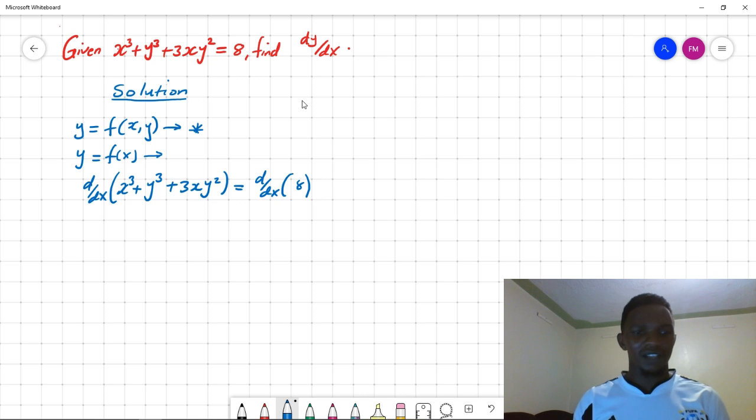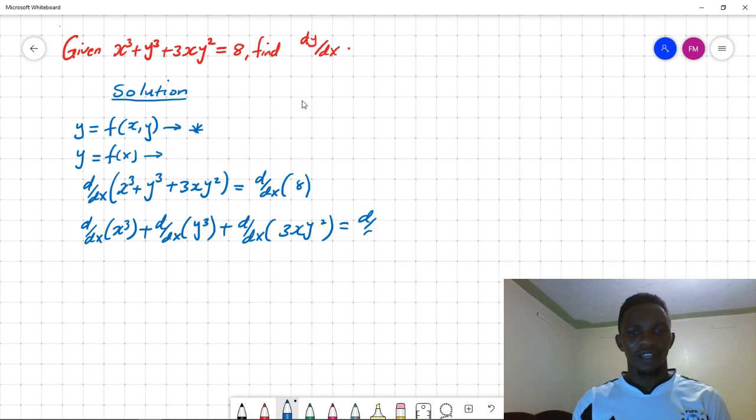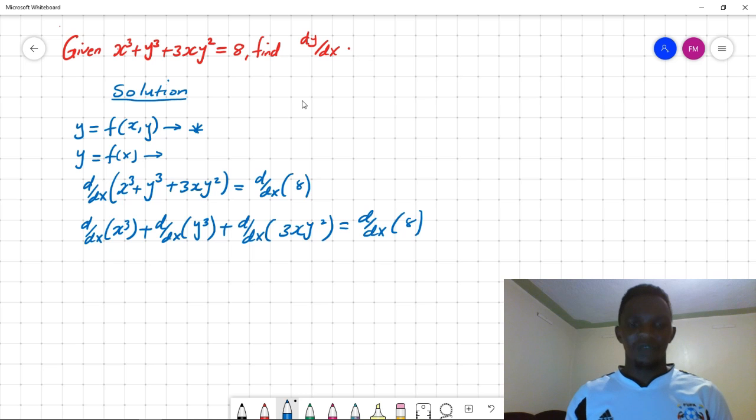So by removing the brackets, we will have d/dx of x cubed plus d/dx of y cubed, then plus d/dx of 3xy squared is equal to d/dx of 8, and then we differentiate.